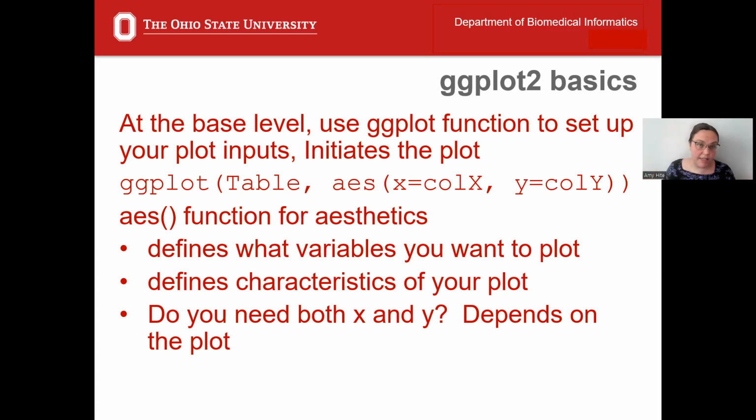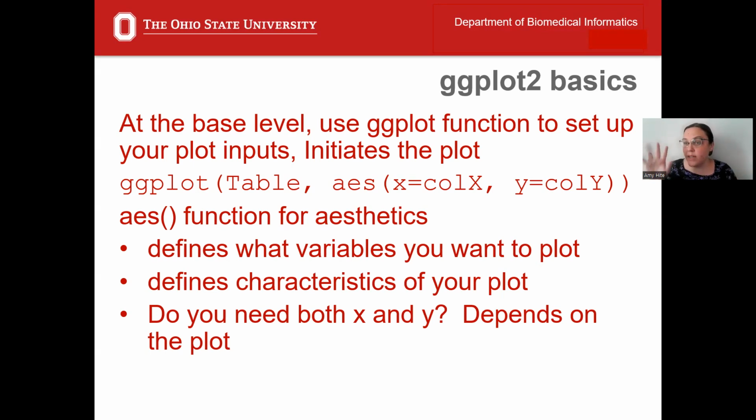ggplot is very nice because it starts out with a ggplot function where you tell it your table, and then in the aesthetics function, you tell it the variables, the columns from your table that you want to plot. You tell it your X variable and your Y variable, just the column name.